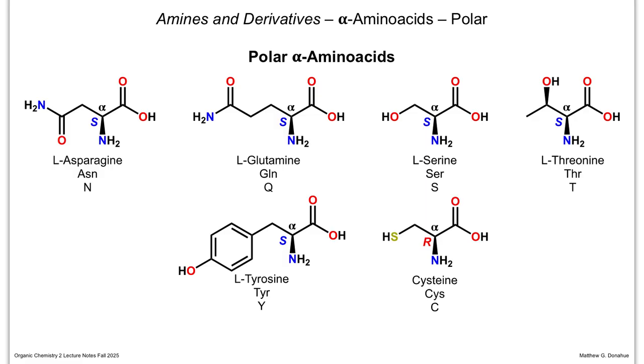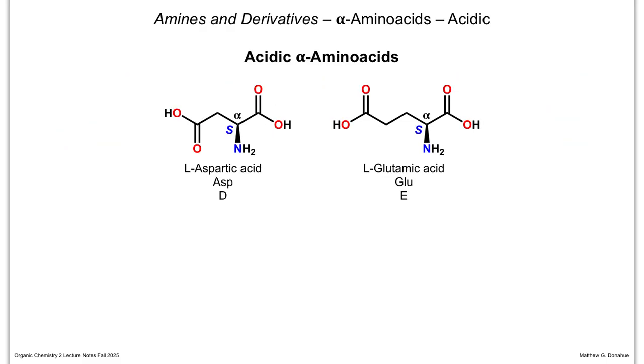In the Fischer projection, that amine group still resides to the left, but just due to priority from atomic number, it switches to R. Acidic amino acids, aspartic acid and glutamic acid, both have a second carboxylic acid, and they just differ by the number of CH2 groups, so 1 to 2 from the alpha carbon.